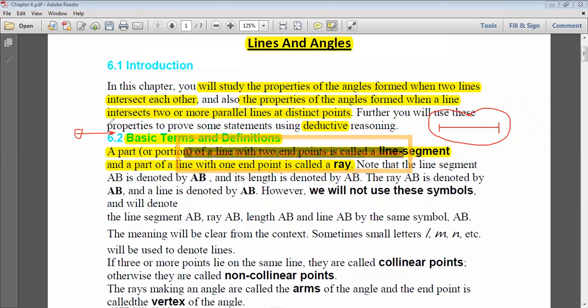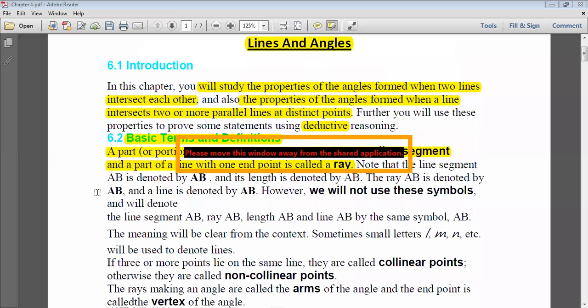That is why I have marked it like this. It is moving further. We can't say the length is this much or that much. It is not clear. It is moving. Such kinds of lines are called a ray. Are you all clear? Yes, sir. Okay.